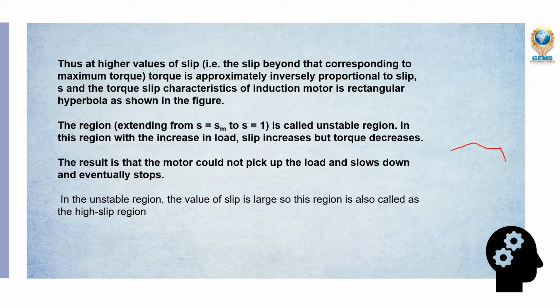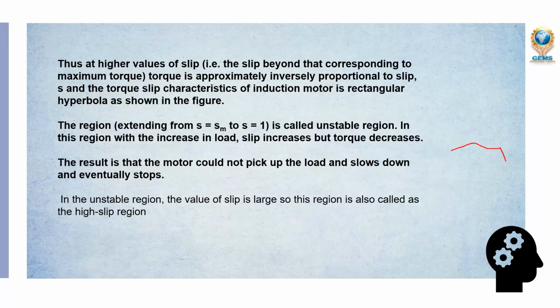The region extending from S equal to Sm to S equal to 1 is the unstable region. In this region, with an increase in load, slip increases but torque decreases. We already saw that diagram. So slip will increase, S is becoming 1, but the torque will decrease.